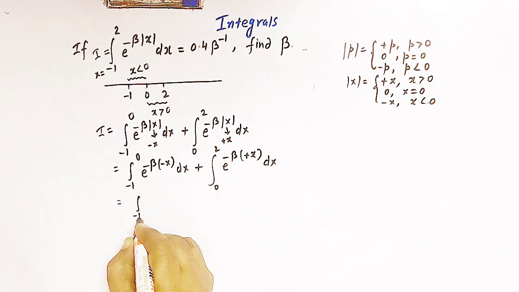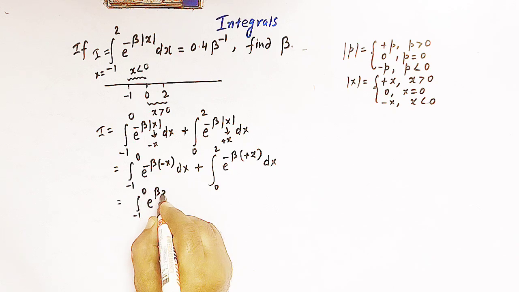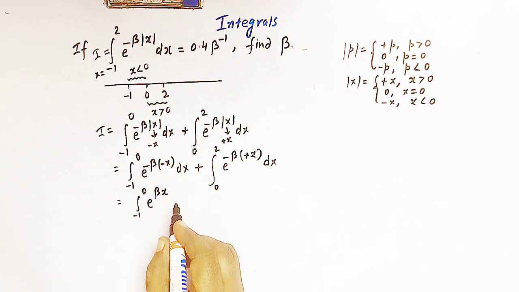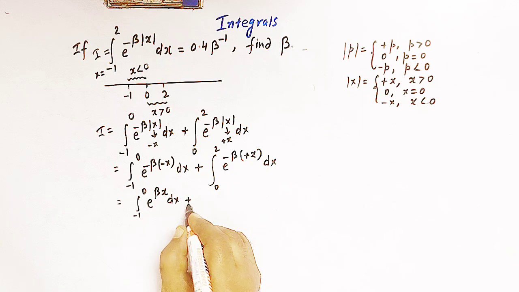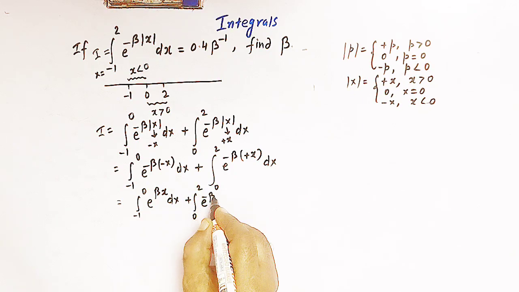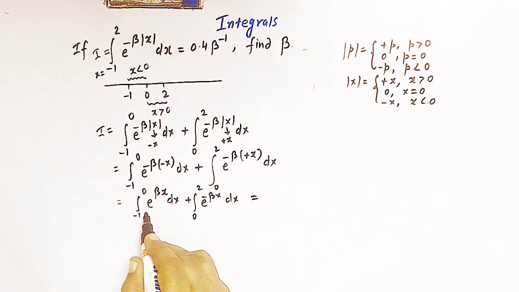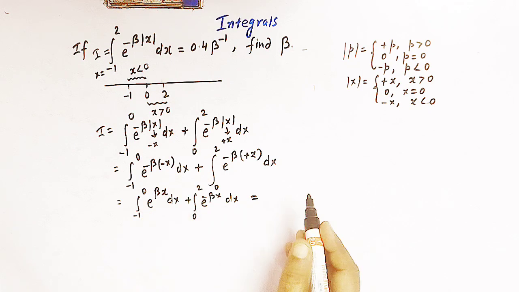We have the integral from minus 1 to 0 of e raised to beta x, since minus times minus is positive, and then the integral from 0 to 2 of e raised to minus beta x dx. So now we have two simple integrals.